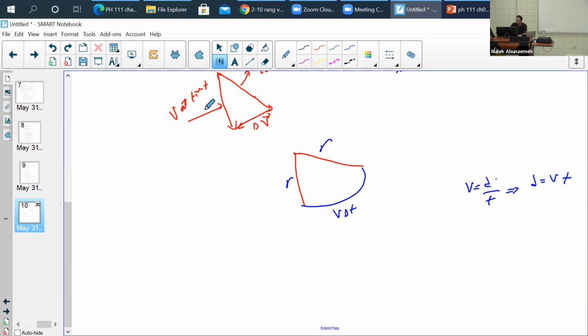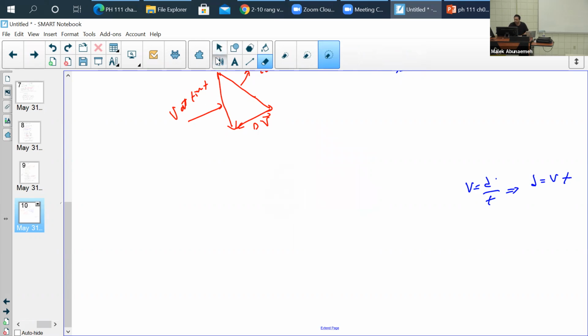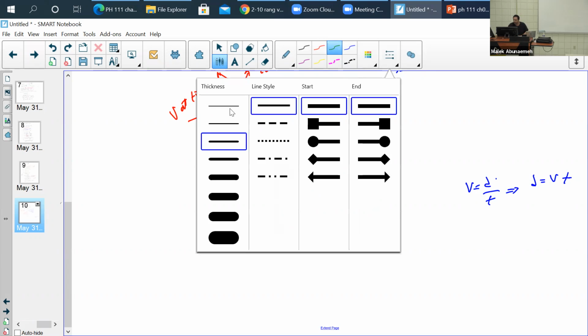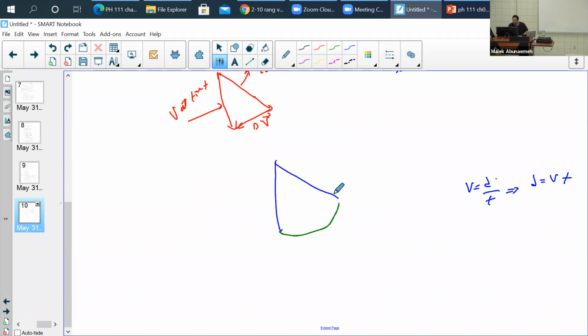Let me draw this a little better. You have r, and this is v delta t that's going in, and here's your angle theta.